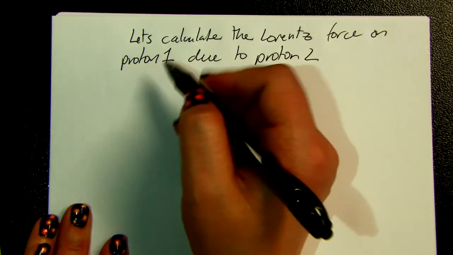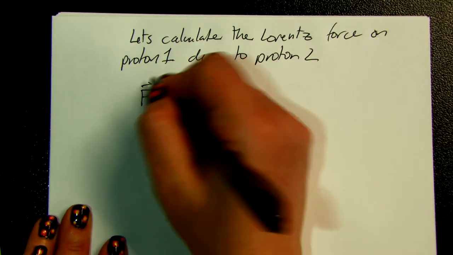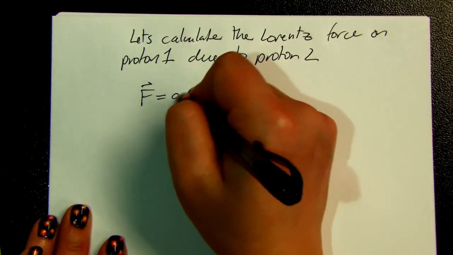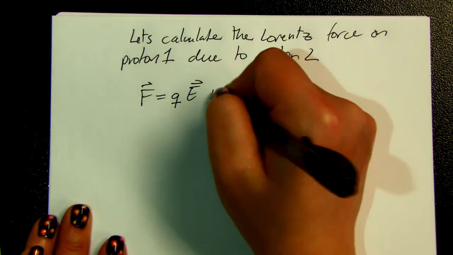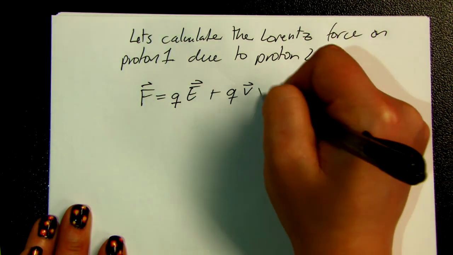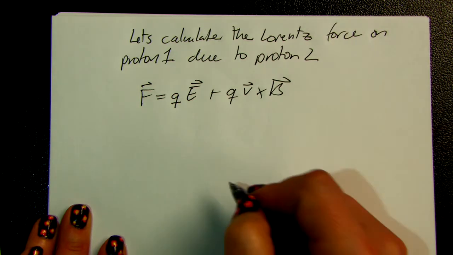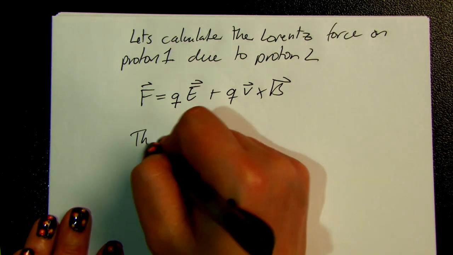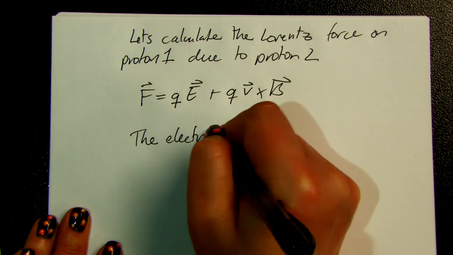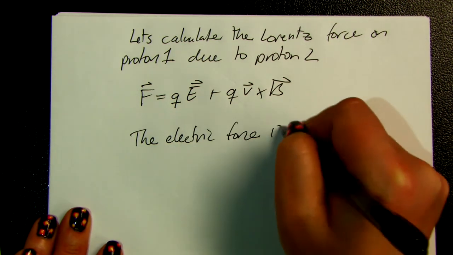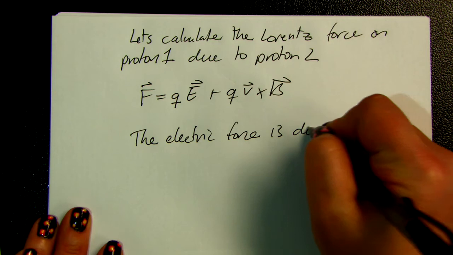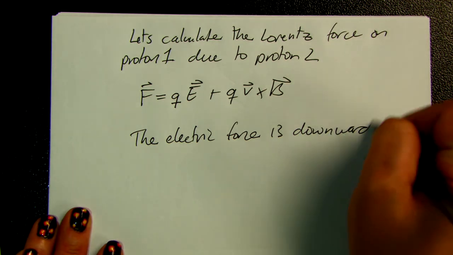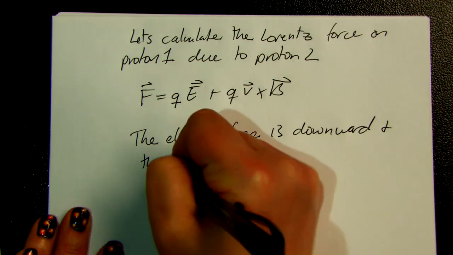So now we're looking at perspective 1. Okay, so the Lorentz force F is equal to Q times E plus Q V cross B. So we already know the electric force is downward, and the magnetic force is upward.